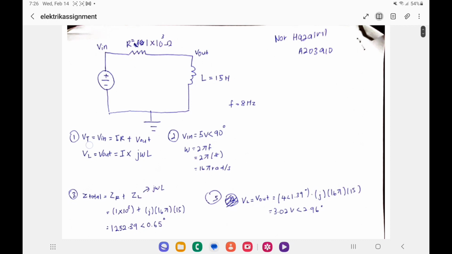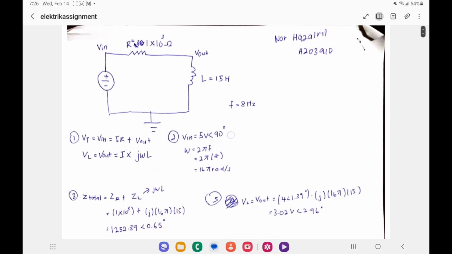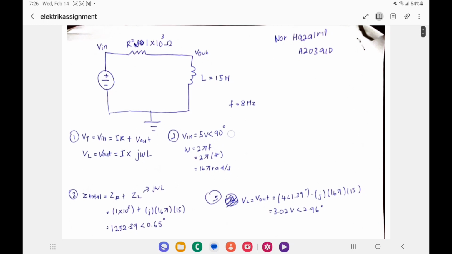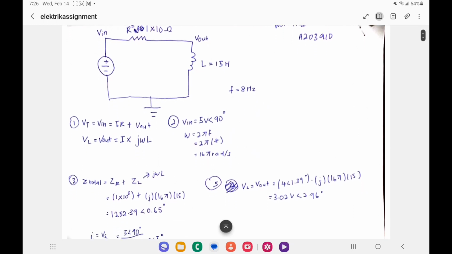The formula to find VT is: Vin is equal to IR plus Vout, and then VL is equal to Vout. Vout is equal to I times j times omega times L. As you know, Vin is equal to 5 volt with 90 degree, and our frequency is 8 Hz.